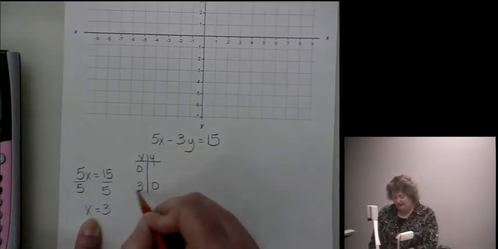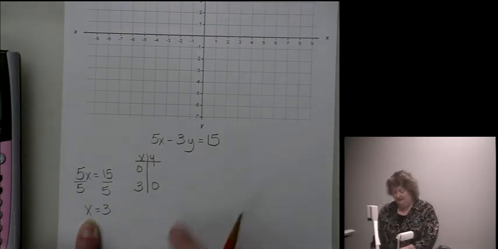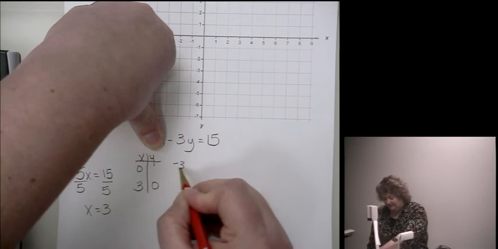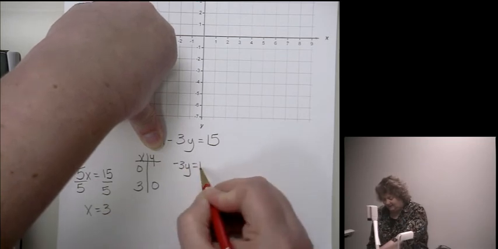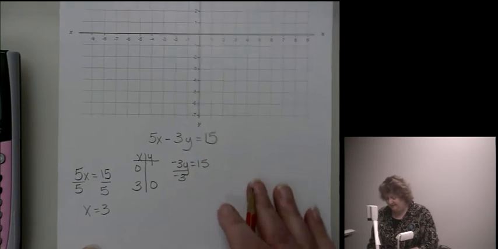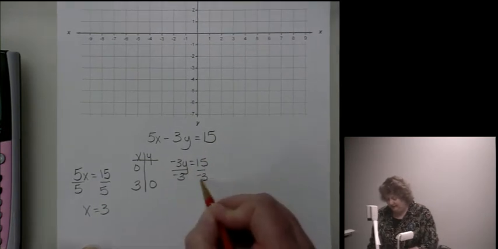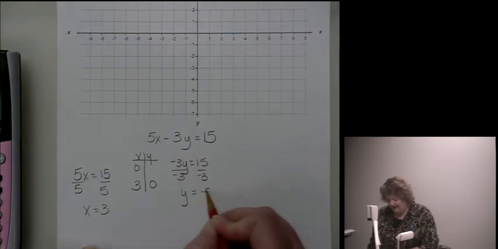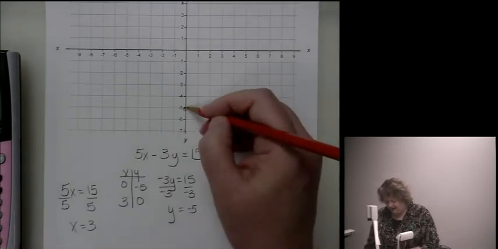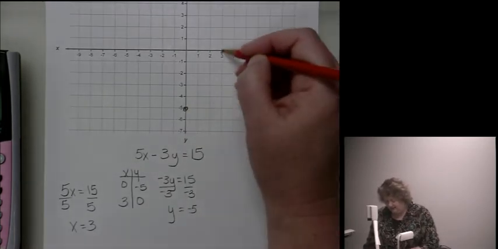But that's an x value, so I know it goes in the x column. Cover up the x value. I'm left with negative 3y equals 15. Divide by negative 3. Y equals negative 5. So the points are 0, negative 5 and 3, 0.